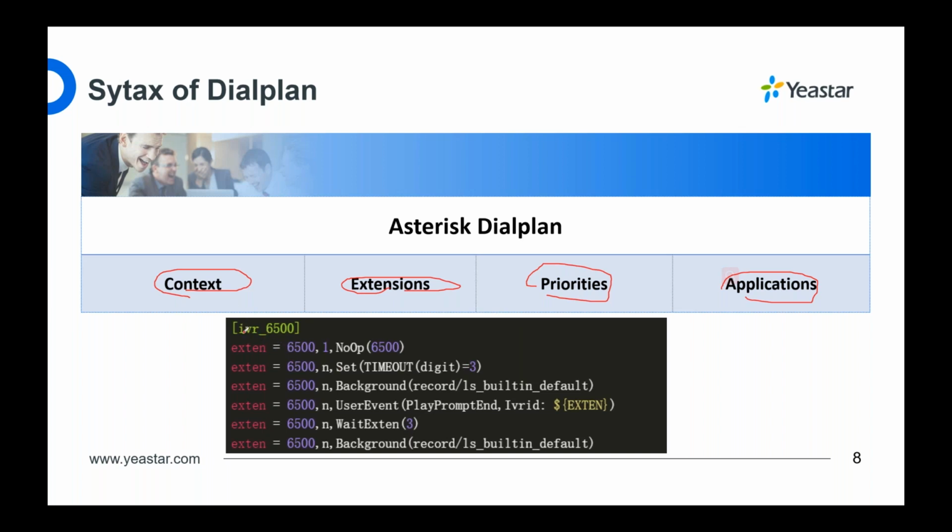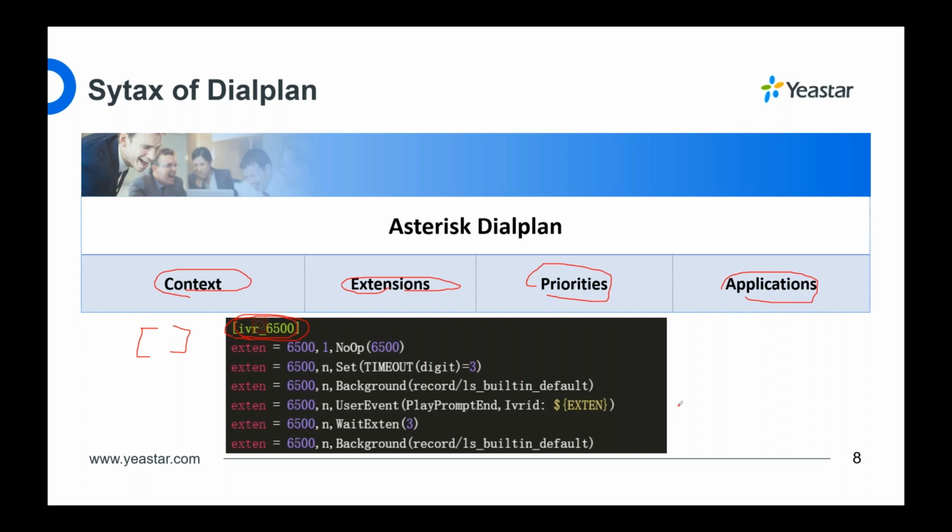Here you can see this is a context. We use square brackets to name a context, and here the name is IVR.